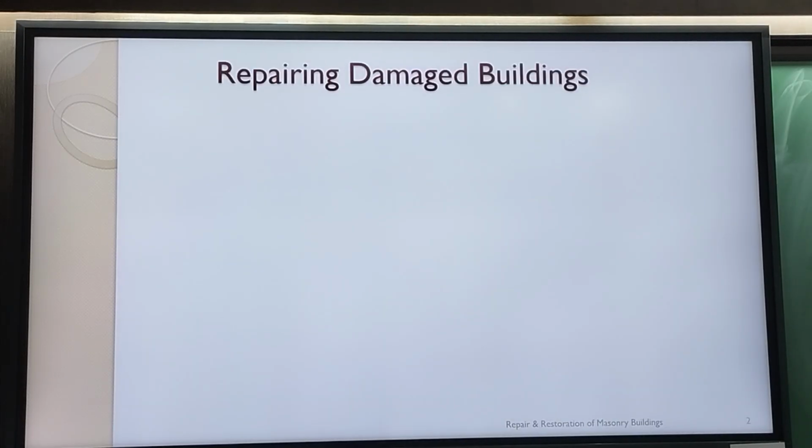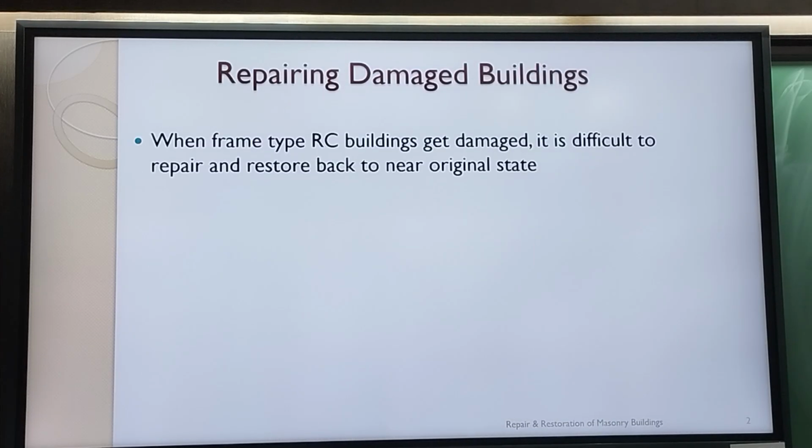Now, repairing damaged buildings, you have basically two types of buildings we have talked about. The frame buildings, typically reinforced concrete frames, which are the most common in India, and the box type masonry buildings. When a reinforced concrete frame building is damaged, it's generally difficult to repair and restore it back to the original state.